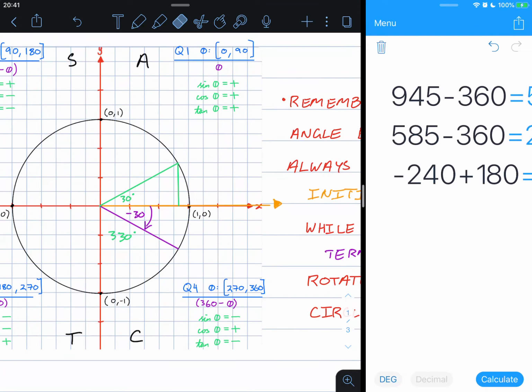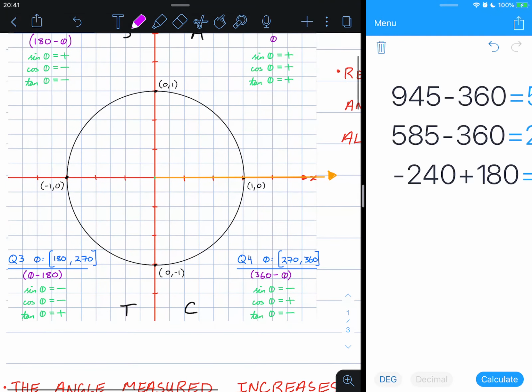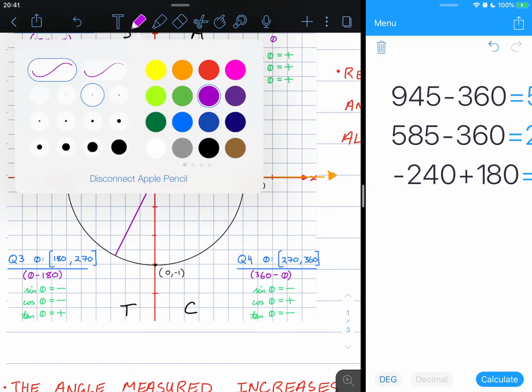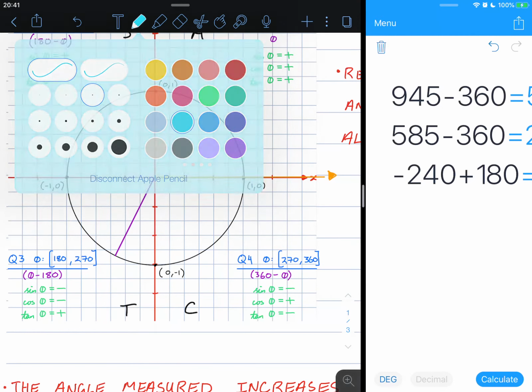Let's get rid of all these. So here we go. 0, negative 90, negative 180, negative 115 would be somewhere here. Let's draw that triangle.